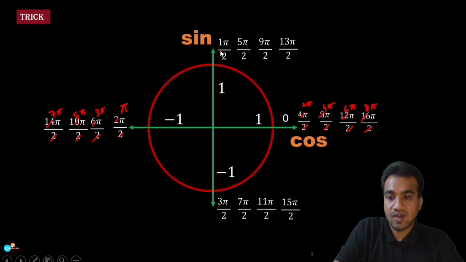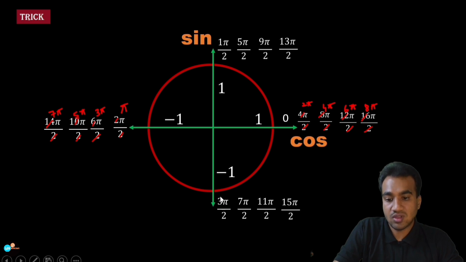Okay, what is the value of sine pi by 2? Sine pi by 2 is 1, sine 5 pi by 2 is 1, sine 9 pi by 2 is 1, sine 13 pi by 2 is again 1, but cos pi by 2 is 0 because cos has no vertical values, and cos 13 pi by 2 is 0.